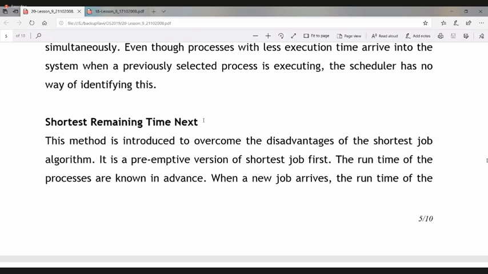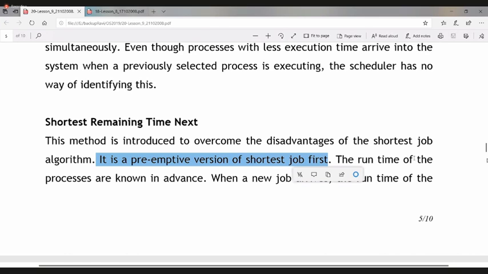This method is introduced to overcome the disadvantages of the shortest job first algorithm. It is the preemptive version of shortest job first. The condition is that the runtime of the processes is known in advance.